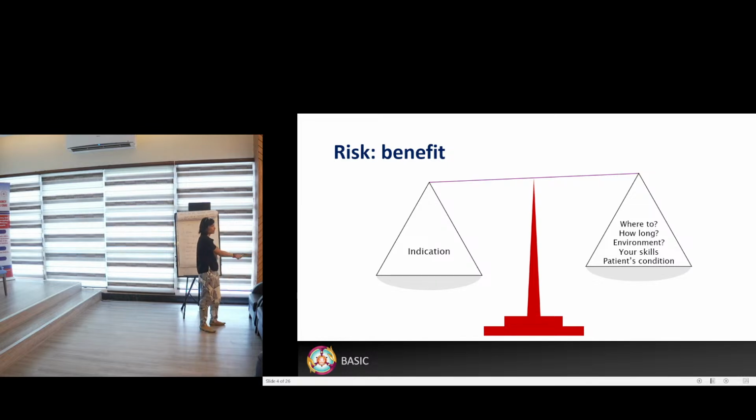So you have to weigh it up. What is the risk of taking a patient 100 kilometers away to do this scan versus what do I gain from it? If I gain something from it that's going to change this patient's outcome. If it's going to tell me it's a hemorrhage and I think it's a hemorrhage anyway and I can't do anything about it, it's not going to change what happens to the patient. Do I need to do all of this for that patient? Put them through the risk of an ambulance in the middle of the road somewhere with somebody who may not be trained to even take them.